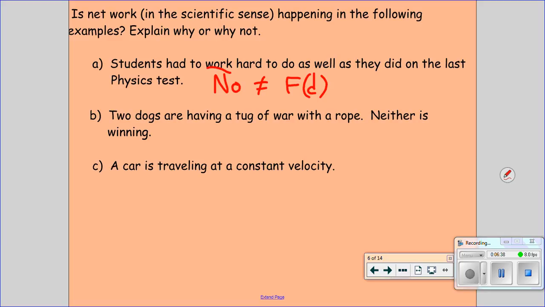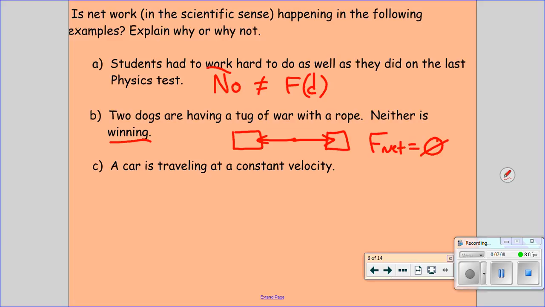B says two dogs are having a tug-of-war with a rope. Neither dog is winning. So again, I'm not going to draw a dog because I can't draw. But I've got dog 1 pulling this way, dog 2 pulling this way, and I have to recognize, since neither dog is winning, the net force is going to be nothing.